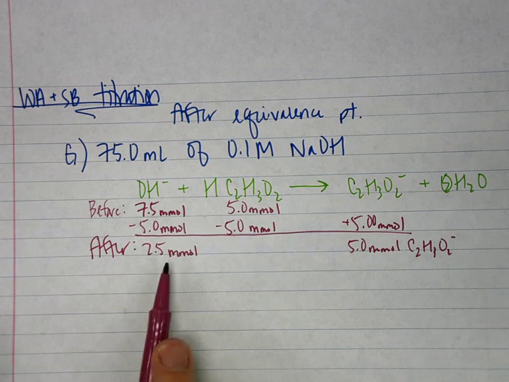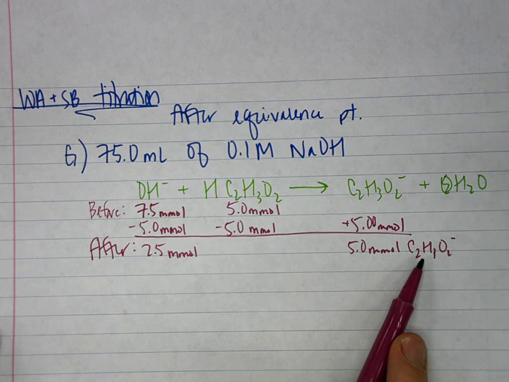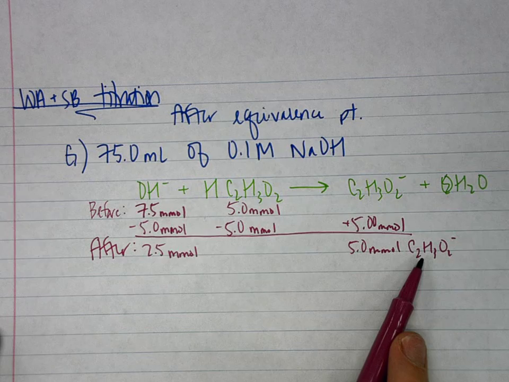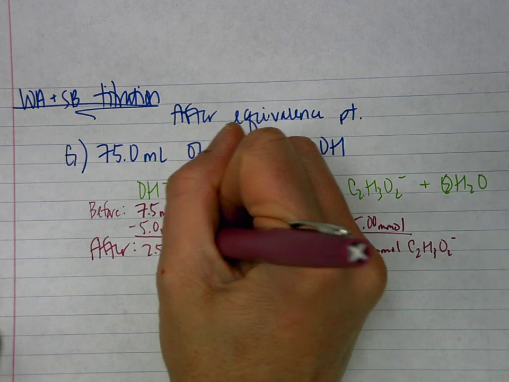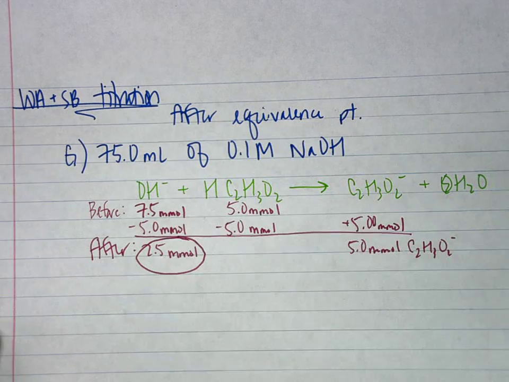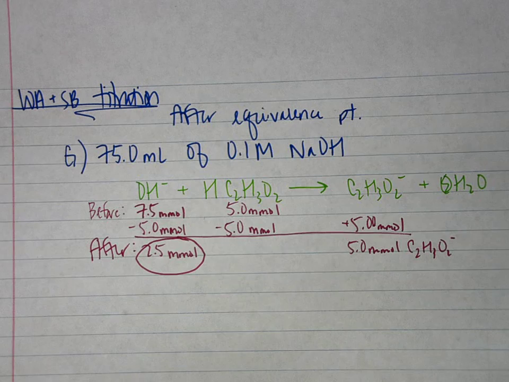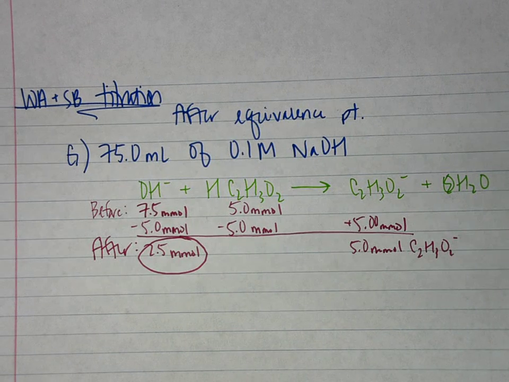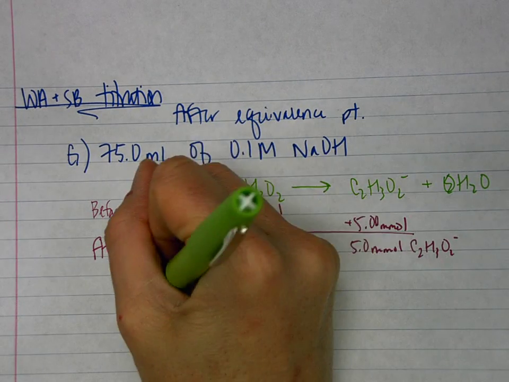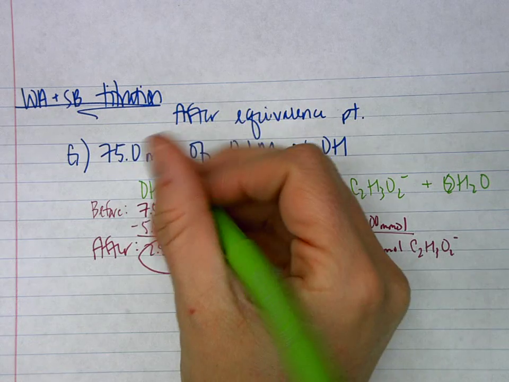Therefore, the strong base is going to trump this conjugate base, so all we're worried about is our OH-. Just like in the strong acid, strong base problem, when we have a strong base or a strong acid left over, we just get to plug it into our equation.